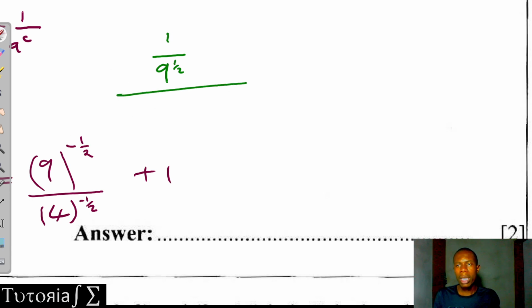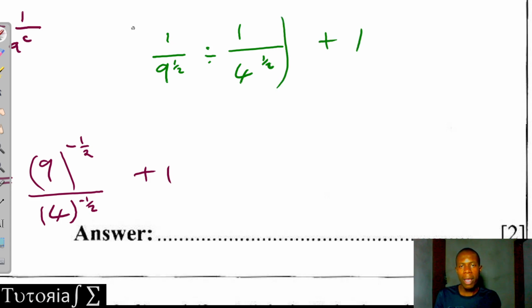And down here, or we can just say divide by, because of the negative here, it can be written as an inverse, 1 over 4 to the power half, and plus the 1 that we have there. So multiplication, this will basically be 4 to the power half over 9 to the power half plus 1.